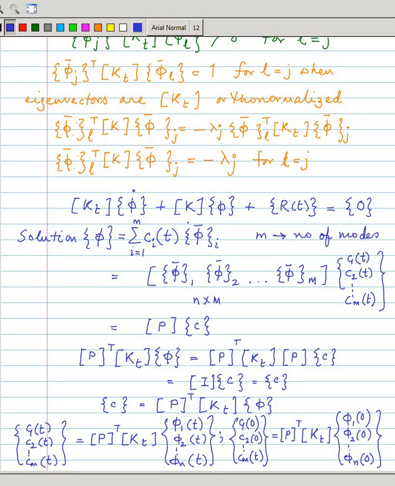So the modes are getting summed after being multiplied with a coefficient, some sort of superposition of modes. If you write it in matrix form, this is the phi 1 vector, the phi 2 vector, phi 3 vector up to phi m vector, then the coefficients c1, c2 up to cm come here. If you call it p, then it is p multiplied by c.